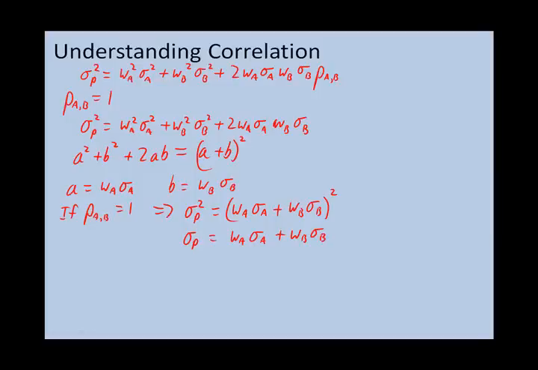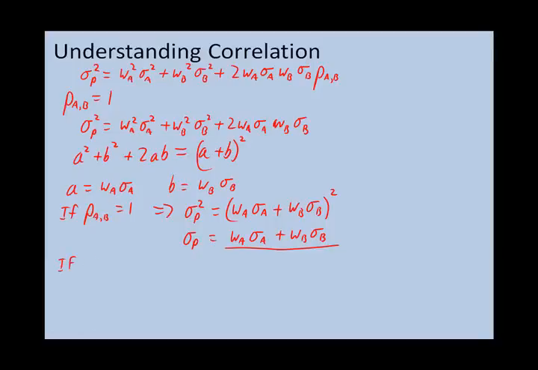In other words, if the correlation is 1 between the stocks in the portfolio, then the portfolio standard deviation, or risk, is just going to be a weighted average of the risks of each individual stock.